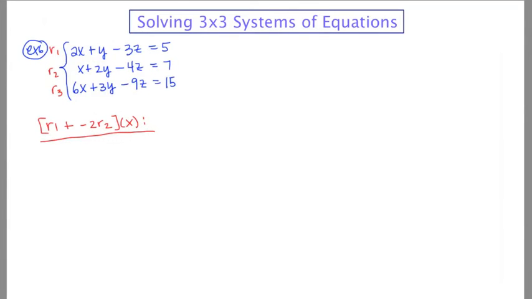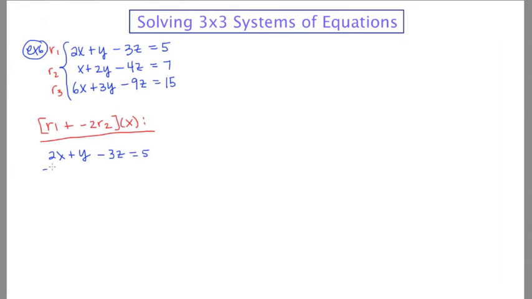Okay, so row 1 is going to remain unchanged. 2x plus y minus 3z is equal to 5. And now I'm going to double everything in row 2 and also negate it.